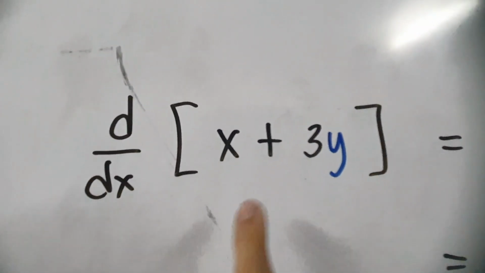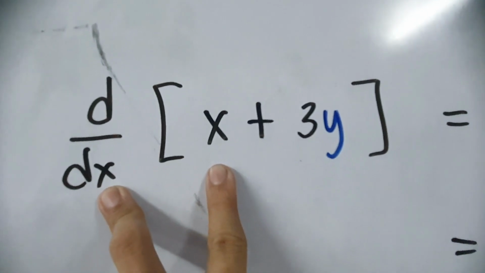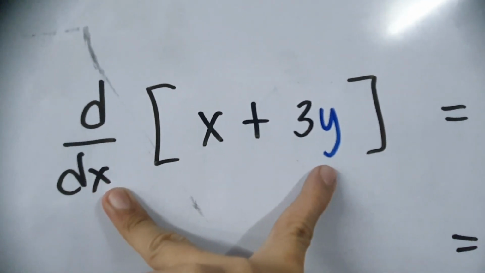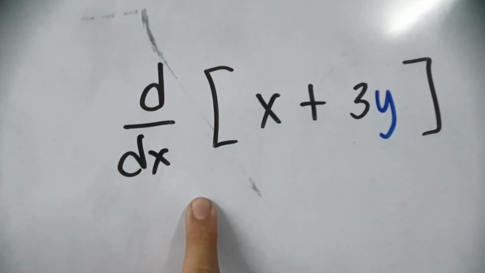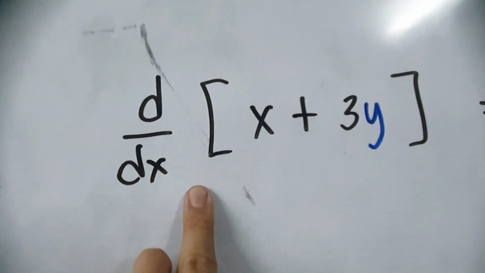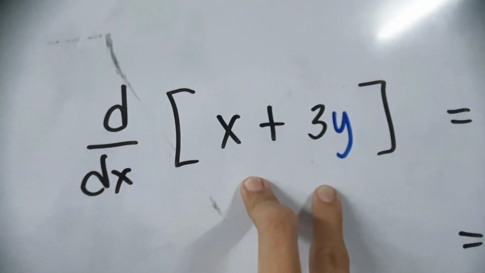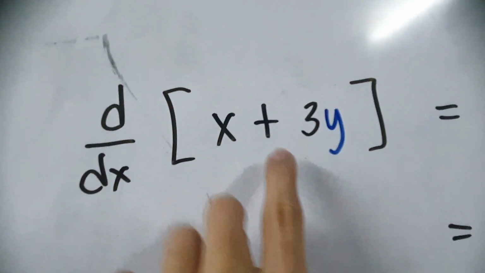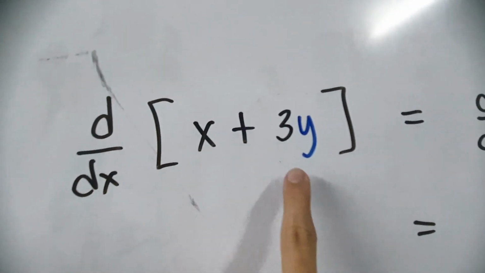Here we have x plus 3y. So this one is agreeing with respect to x, and this one is not agreeing because these two are different variables. So this is an example of a sum and difference rule. There are two terms added together, x plus 3y. So applying the derivative to x and also to 3y.